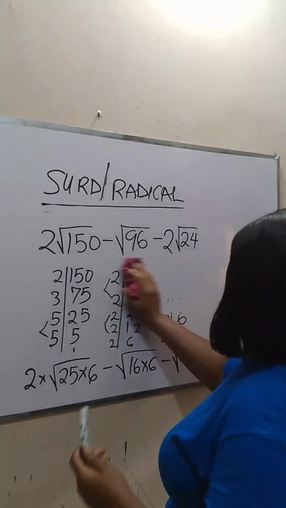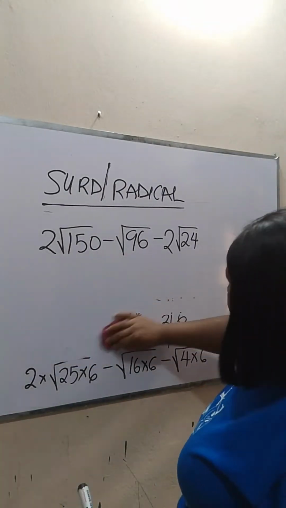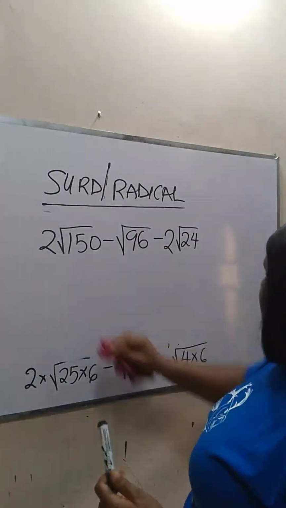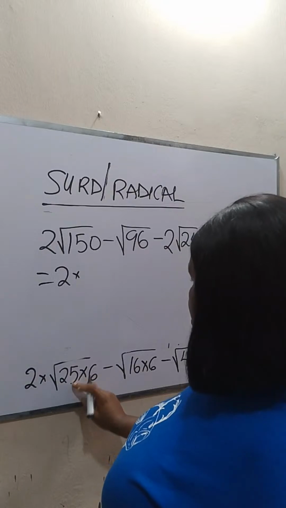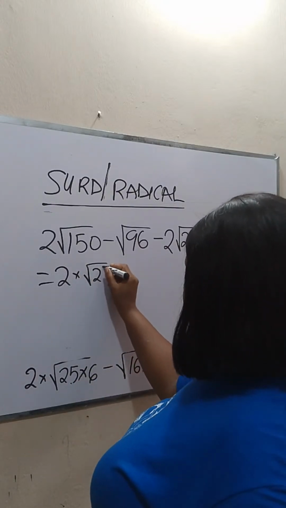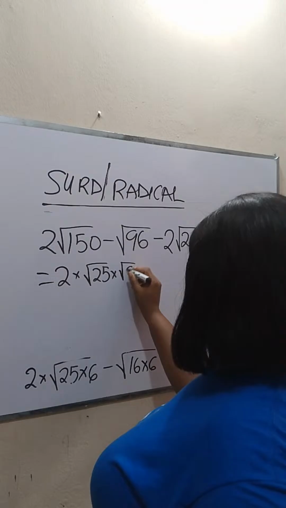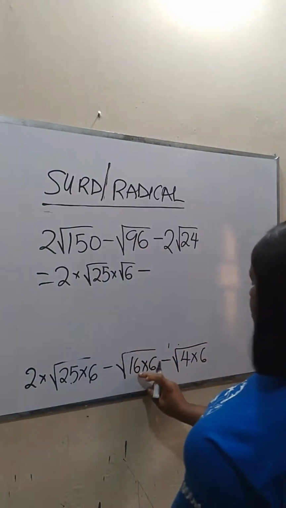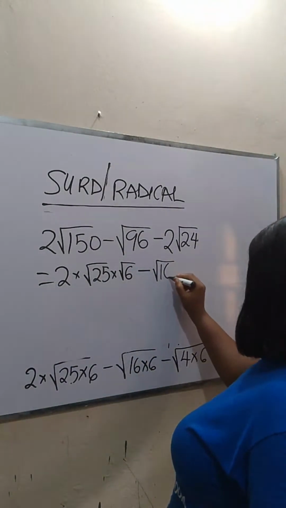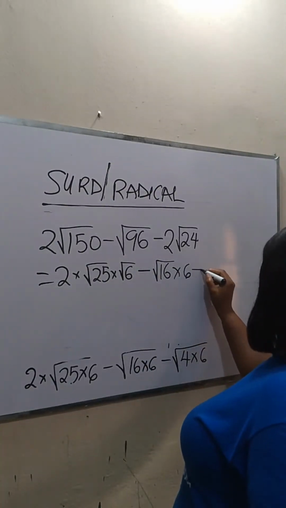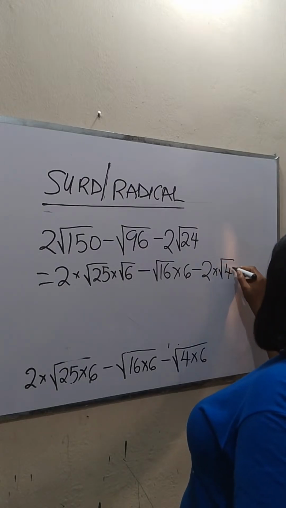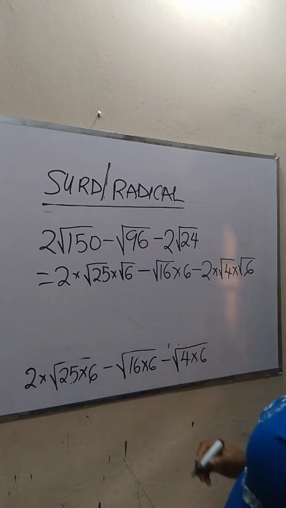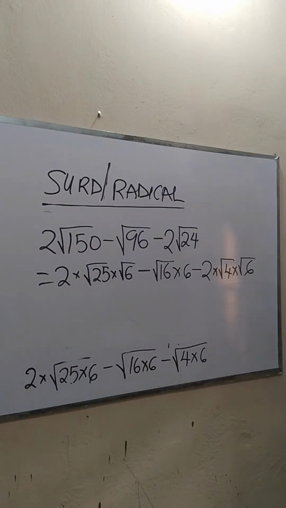All right, so 6 is common. So here will give us 2 times root 25 times root 6 minus root 16 times root 6, and here we have 2 times root 4 times root 6. Let me see whether you're seeing it. Okay, good. So that is it.